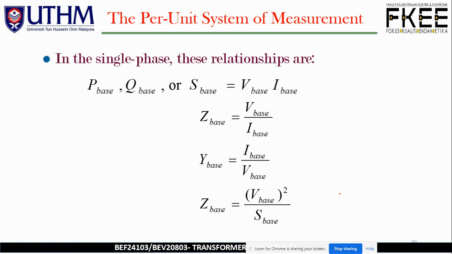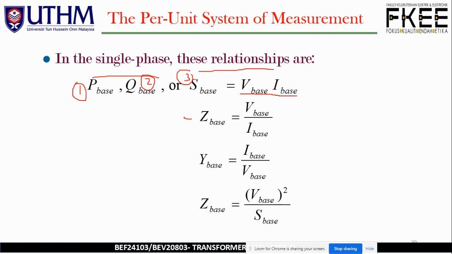So now in this slide, it presents that in the single phase, these relationships are: first the P base, second the Q base, the reactive power, as well as the S base, which is equal to V base times I base.